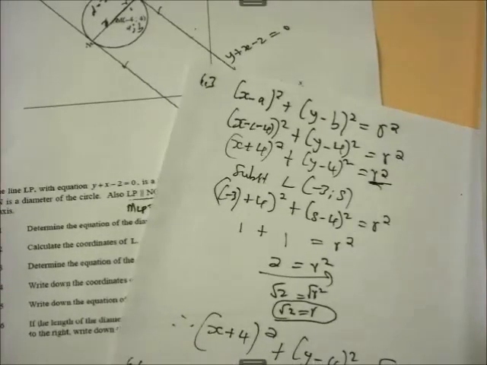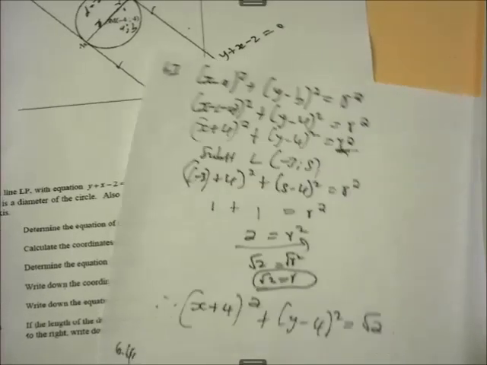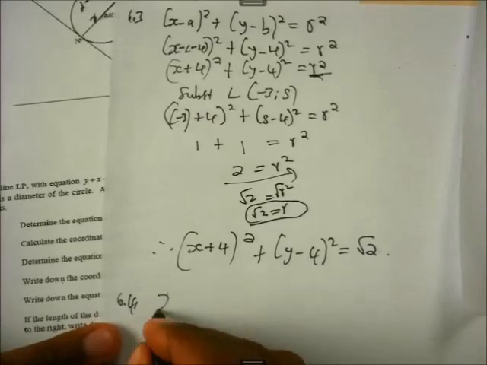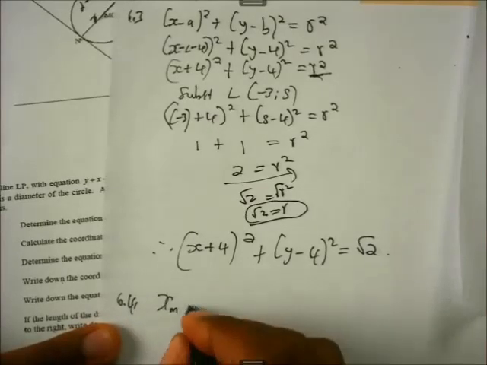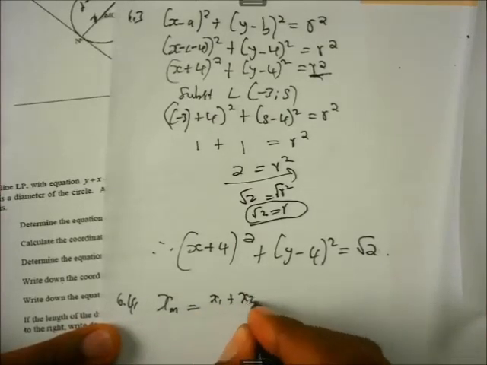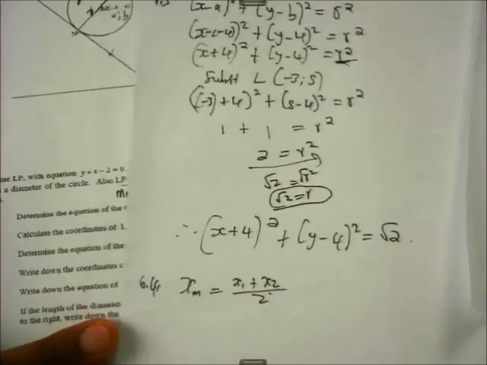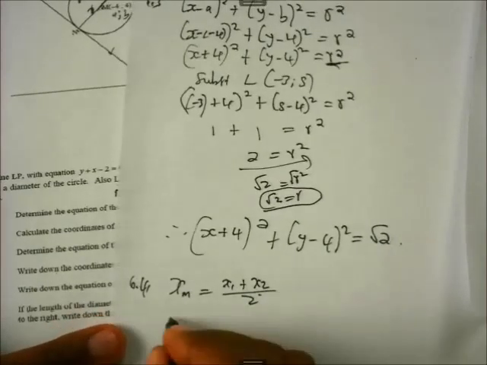What are we going to do now? The center is our midpoint of the line LN. So we are going to use the midpoint formula, whereby the x value at the midpoint is equal to (x1 plus x2) divided by 2. The x value at the midpoint is minus 4.